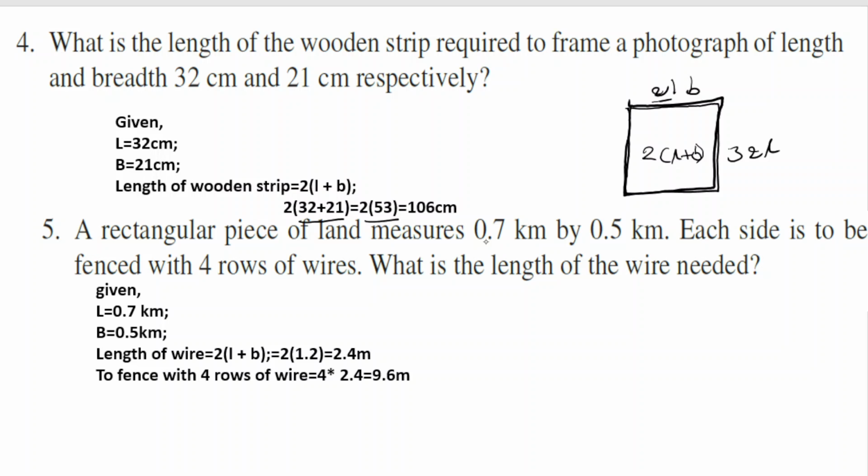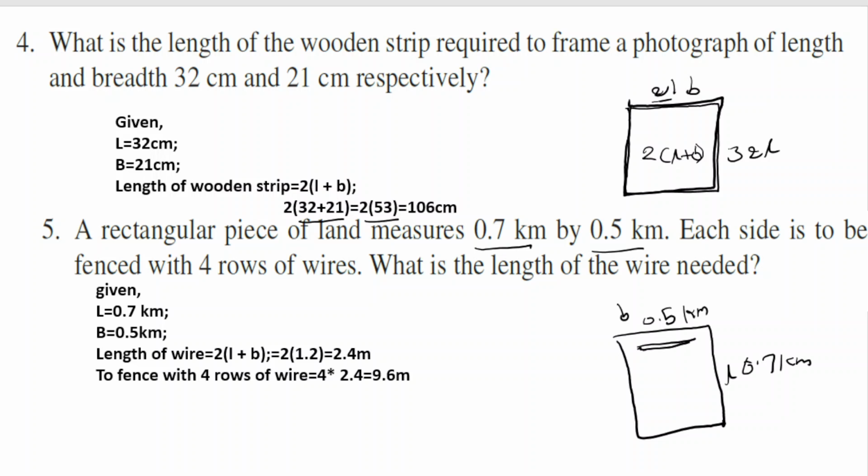A rectangular piece of land measures 0.7 kilometers and 0.5 kilometers. Each side is to be fenced with 4 rows of wires. What is the length of wire needed? Suppose this is a rectangular piece of land and this is 0.5 kilometers as breadth and length is 0.7 kilometers, and here we need to fence it with 4 rows of wire.